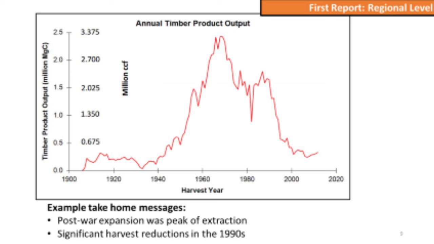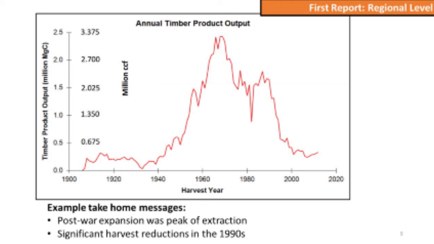And so basically what we've got here, the y-axis is timber product output in both megagrams of carbon and also in million cubic feet. And the story that it tells, this is Region 1, the northern region, but it's very similar to most of the other regions.